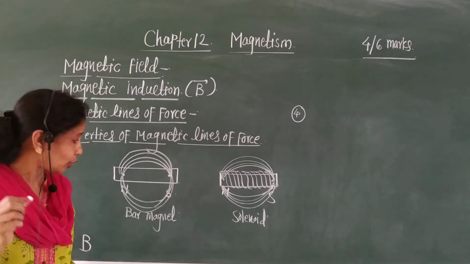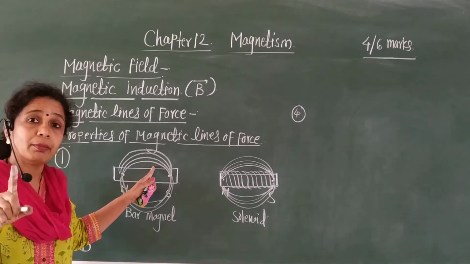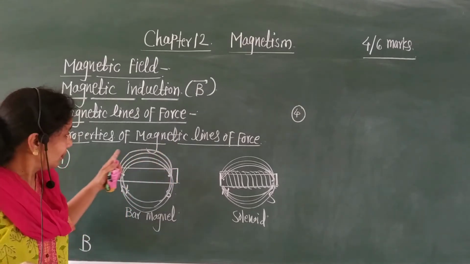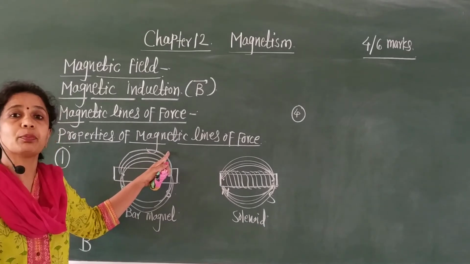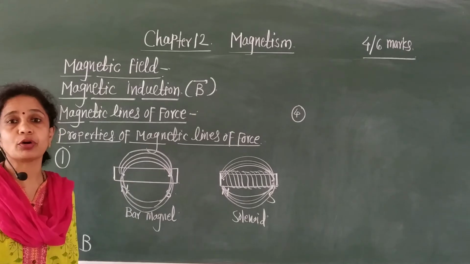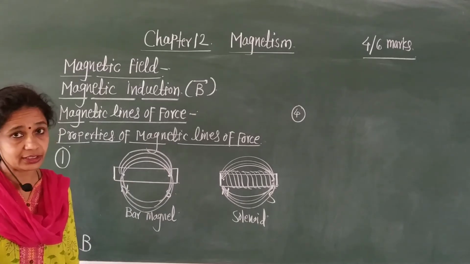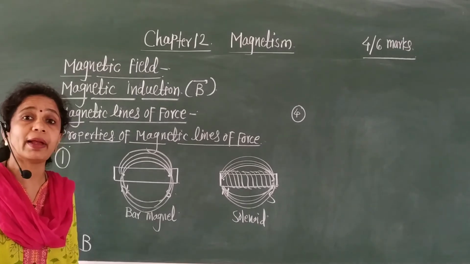The direction of magnetic field is given by the tangent drawn to the magnetic lines of force at that point. Direction is very important in physics, and magnetic induction is a vector quantity. What is the direction of magnetic field?